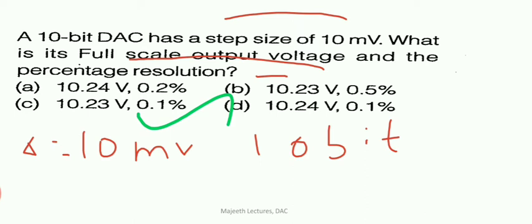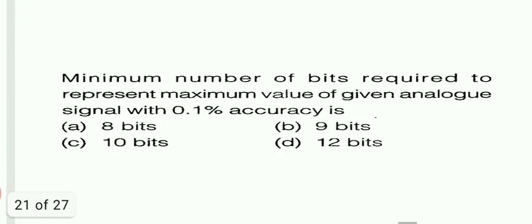Clear? So this is the way to solve the problem. Next one. A 6-bit DAC has input of 101001. For 1 equal to 10 volt and 0 equal to 0 volt. What is the output?